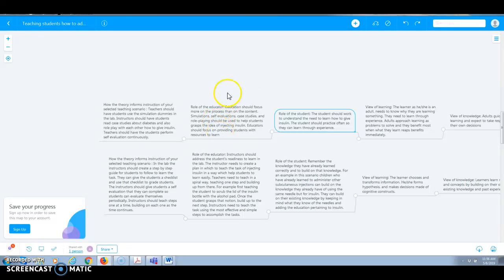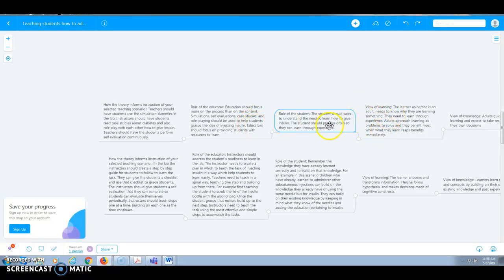Here's where I diverge from what you wrote here. So education should focus more on the process than on the content. Content is important in adult learning theory and andragogy as well, but you need to provide that content in a way that the student, the learner, and the view of learning attaches to that content, right?